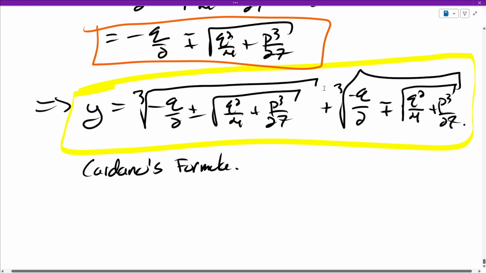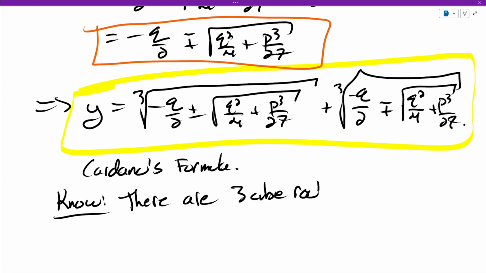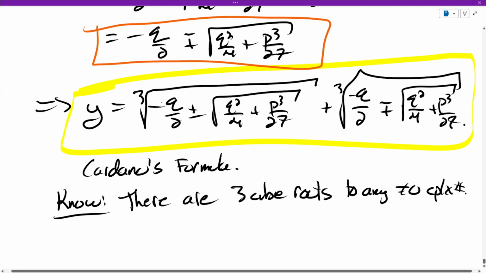Namely, it could be, for example, that the roots of the cubic are purely real. However, these terms look like we have to take a sum of cube roots. We know, for example, that there are 3 cube roots to any non-zero complex number, and we gave a formula for how to find them. So the left-hand guy is 3 different numbers, and the right-hand guy could be 3 different numbers.